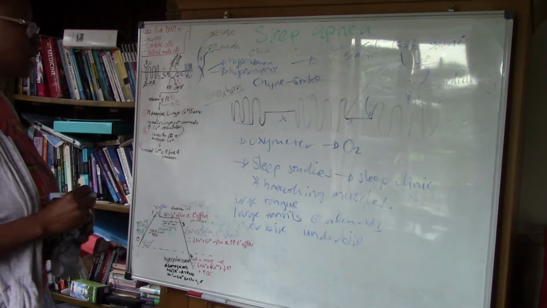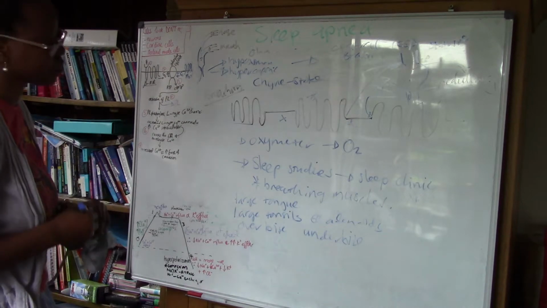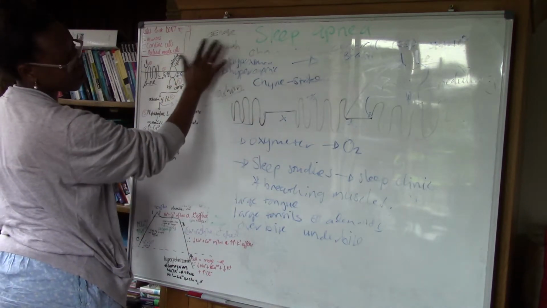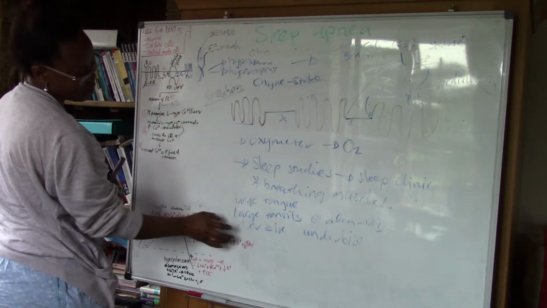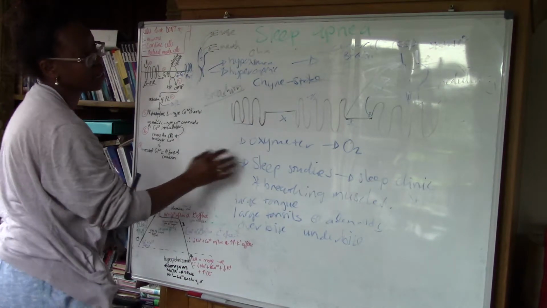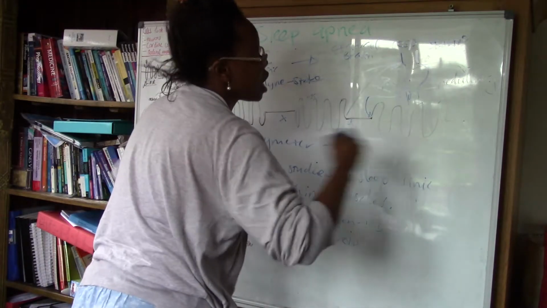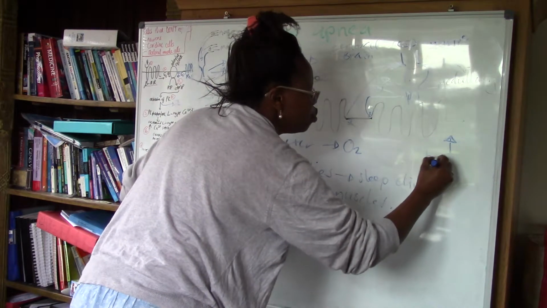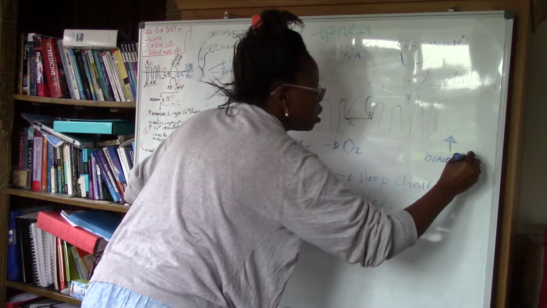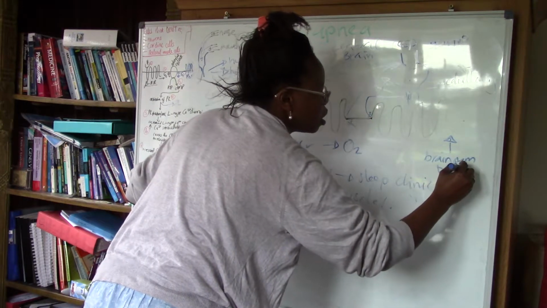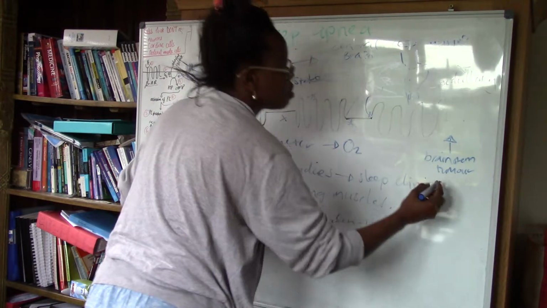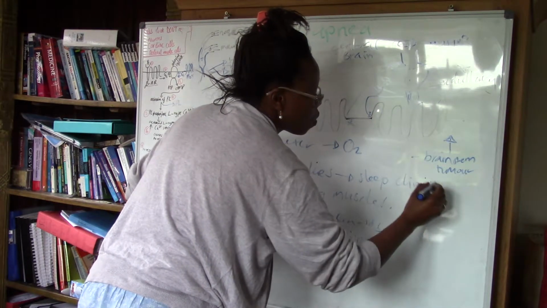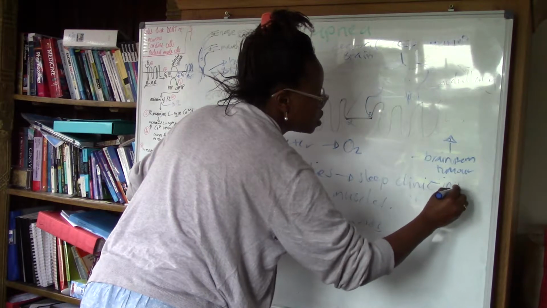So once it has been determined that this is a more local issue, then treatment can be undertaken. Central causes are things like perhaps a brainstem tumor that presses on the respiratory centers on the medulla, or an injury of some sort.